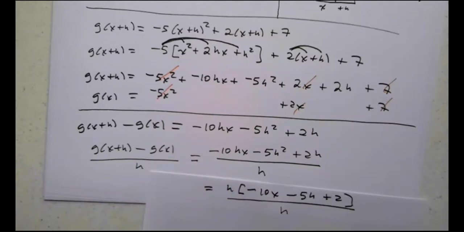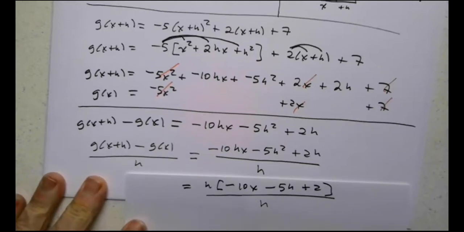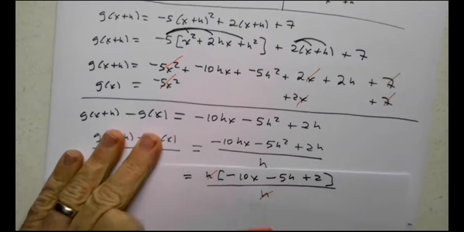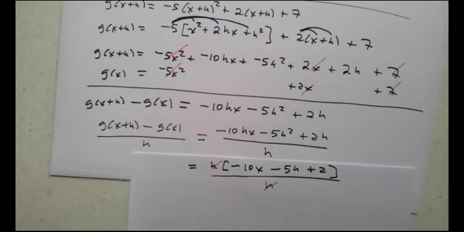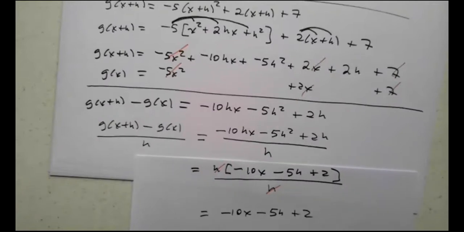And then you can see that the h's divide out nicely. This h and this h go away. And then the result is negative 10x minus 5h plus 2. And that, my friends, is the final answer to that.